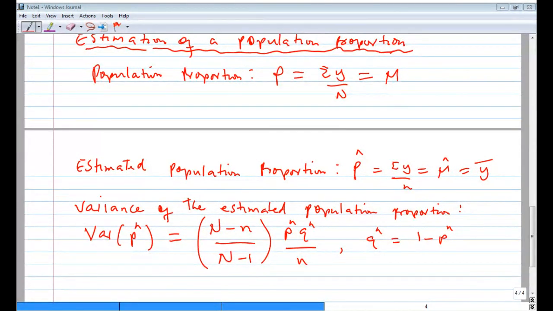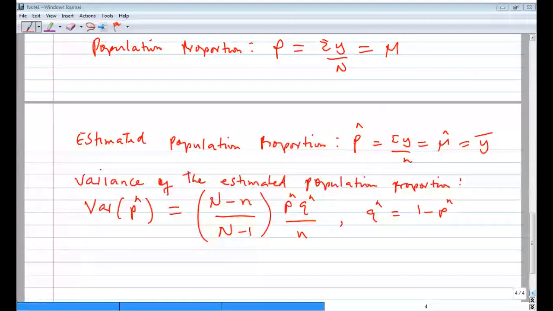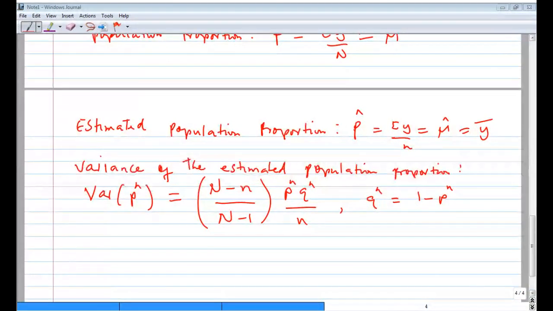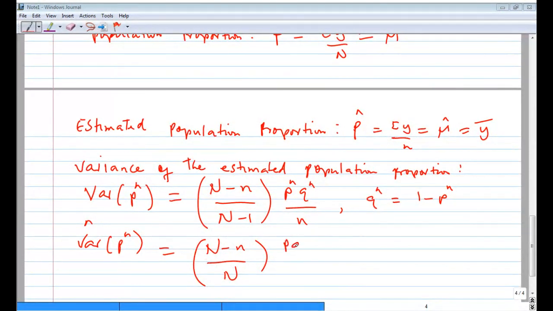So now, how do you estimate the variance of the estimated population proportion? If you want to estimate the variance of the estimated population proportion, you have to use the estimated var of P hat, which is equal to N minus n divided by capital letter N, multiplied by p hat q hat divided by n minus 1.